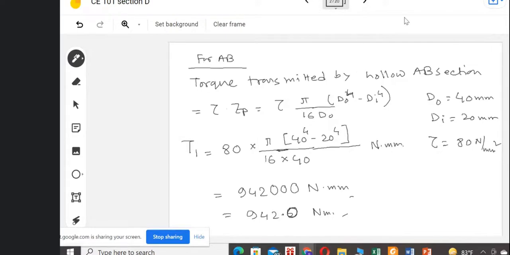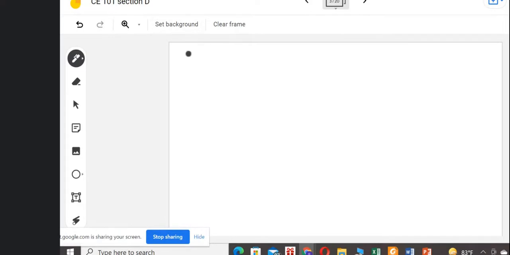Please do the same process and tell me the value for BC. 686875. Good. So I am quickly doing it for the BC part. I am not writing everything. So here D naught is 40 millimeter. Here di is 30 millimeter. Tau is 80 Newton per millimeter square.